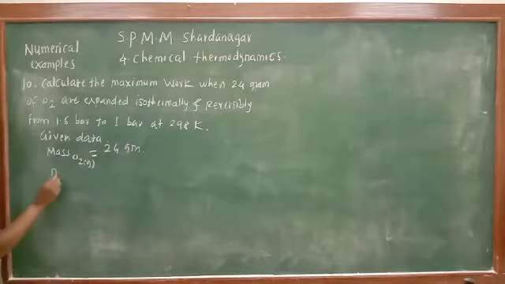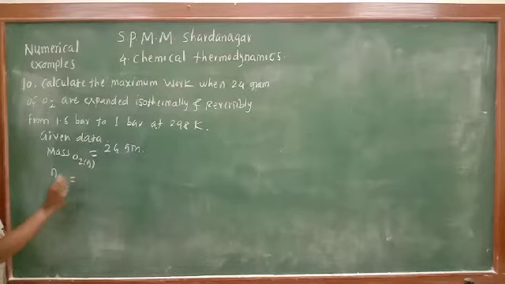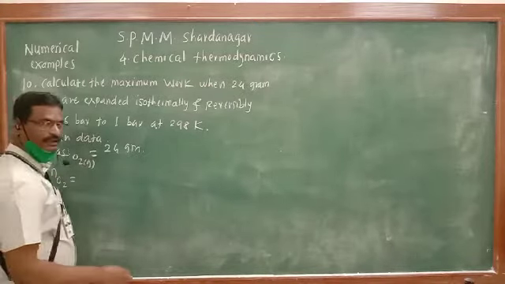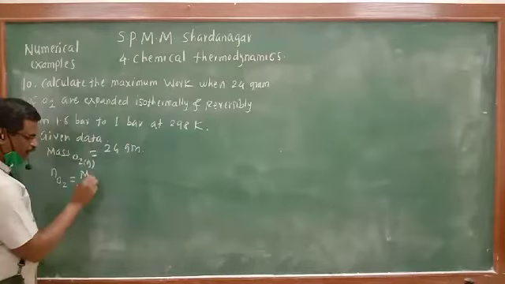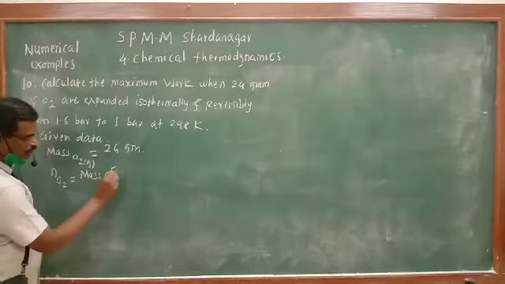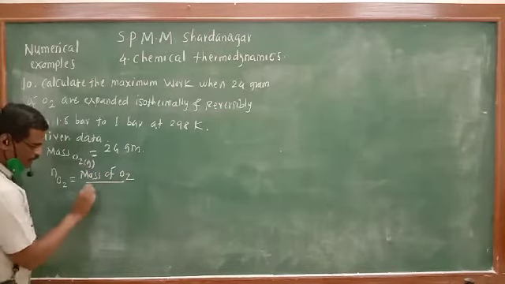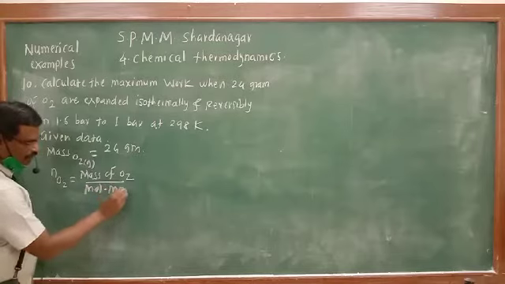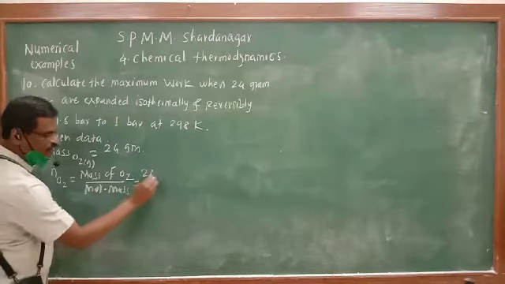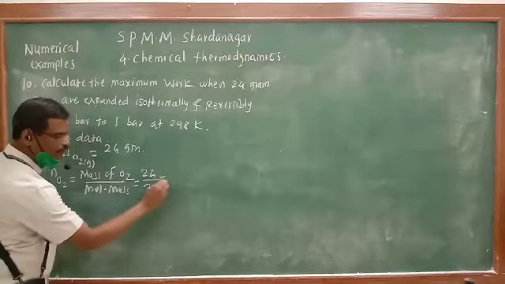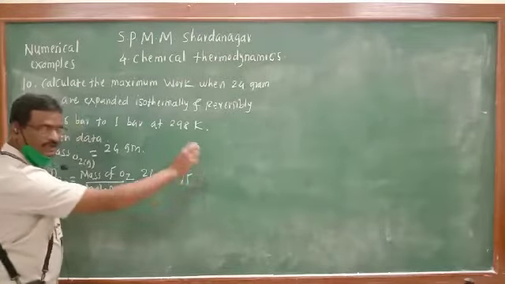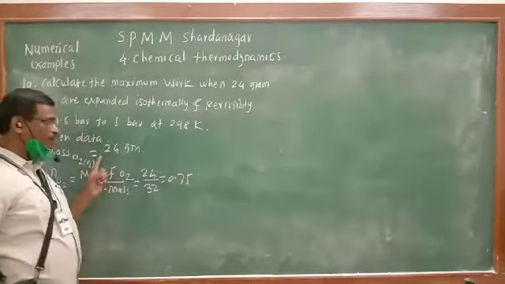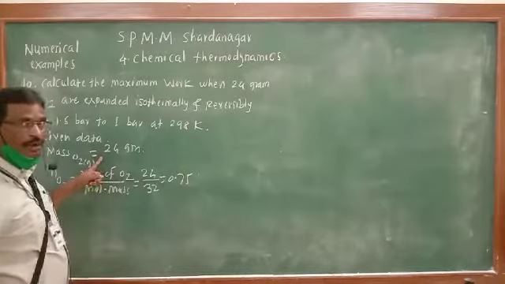We know the number of moles, therefore the number of moles of oxygen will be, what is it? It is the mass of oxygen divided by the molar mass of oxygen, that is 24 divided by 32, which is 0.75. We must know how to calculate the number of moles.